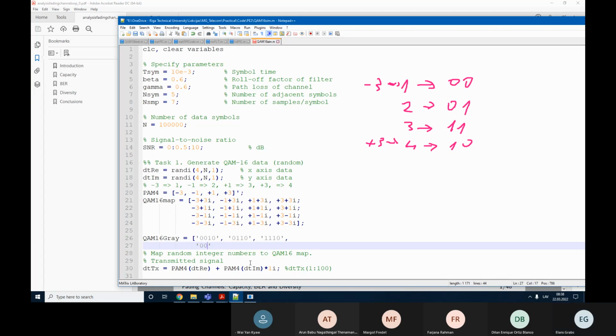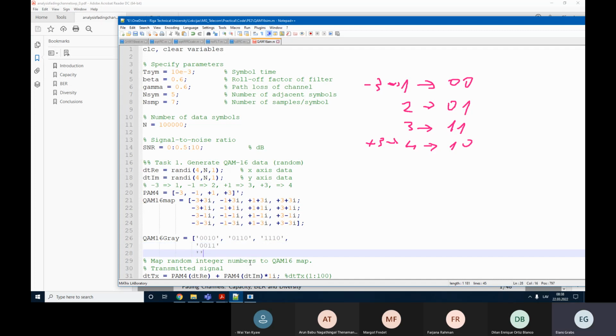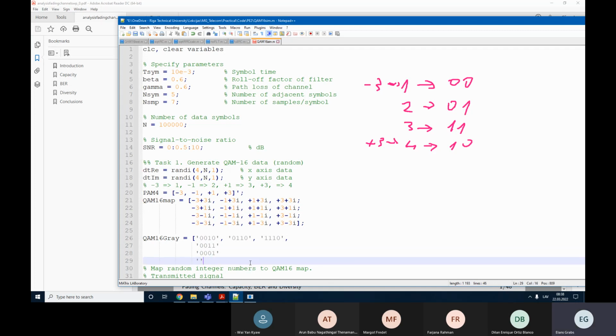So +1i here is going to be 11. Here we are going to have 01. And finally, here we are going to have this point 0000.